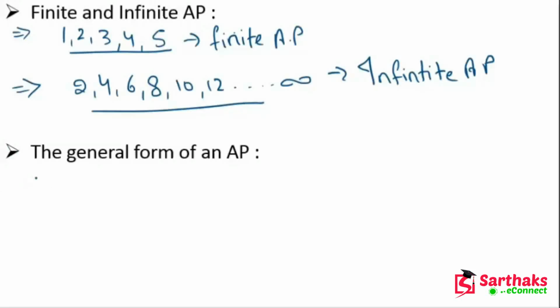Okay, so the general form of an AP. Let's suppose we have an AP like this: A1, A2, A3, A4 and so on. This is the first term, second term, third term and fourth term.